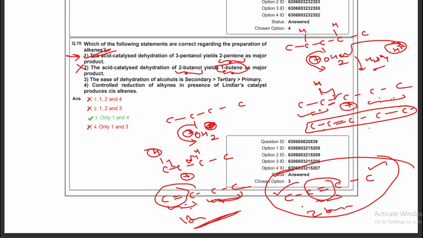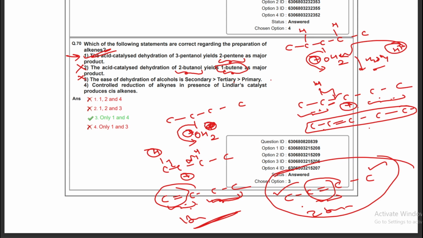In the third case, the ease of dehydration of alcohol is secondary, tertiary and primary, and this statement should also be incorrect, because you know that during dehydration there is a formation of a carbocation at the end when water is removed, right? And whether it is a secondary, primary or tertiary alcohol, obviously you will see the formation of the corresponding secondary carbocation, tertiary carbocation and primary carbocation.